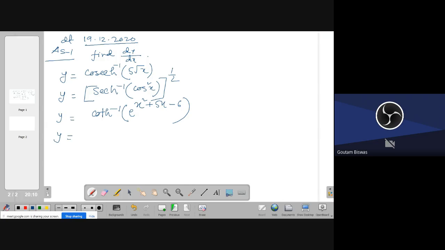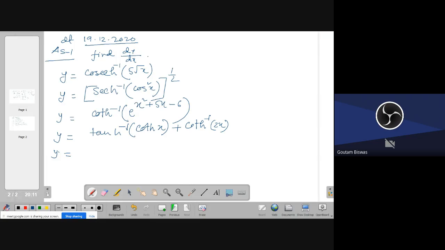Then fourth one is y is equal to tanh inverse coth x plus coth inverse 2x. Okay, this is a typical sum. Take it, do it carefully.